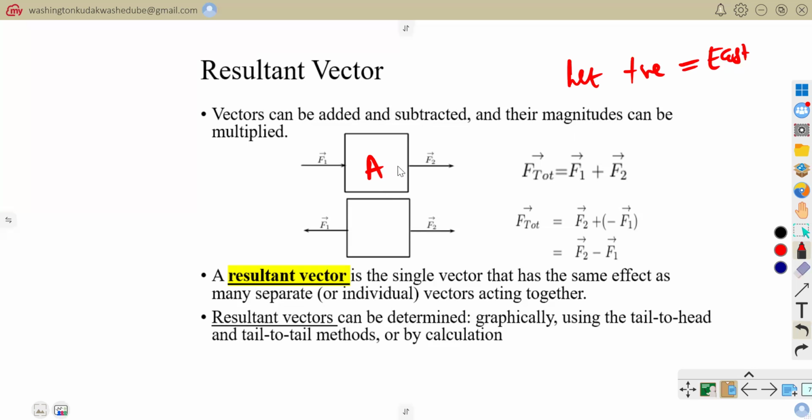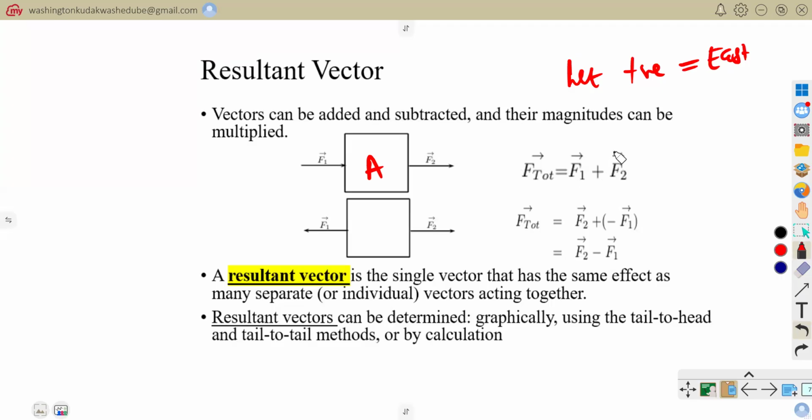So if positive direction is towards the east, a vector that is pointed towards the east will be carrying a positive sign. So if it's carrying a positive sign, I would know that F1 is positive, F2 is positive. So for me to find the total vector there, it will be F1 plus F2, and these are both positives.